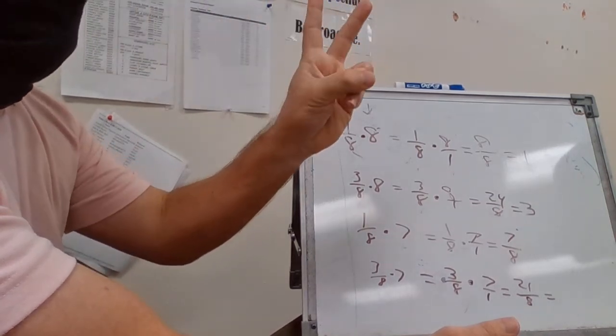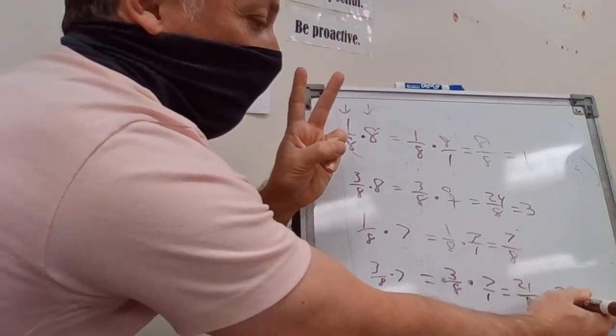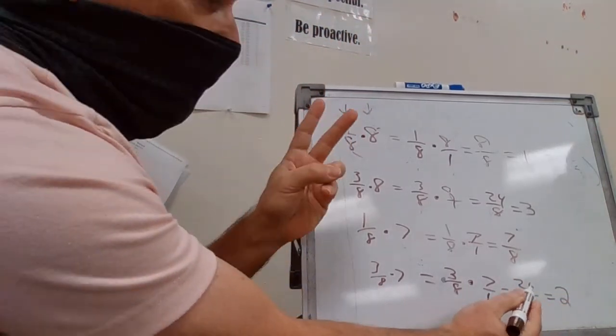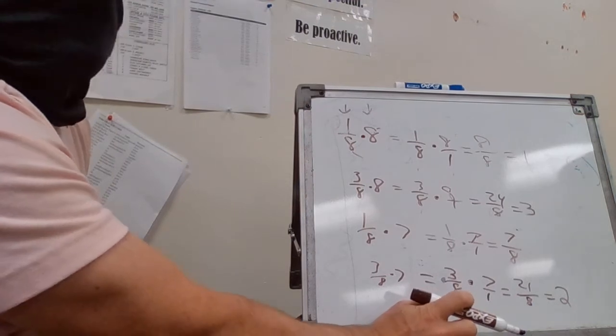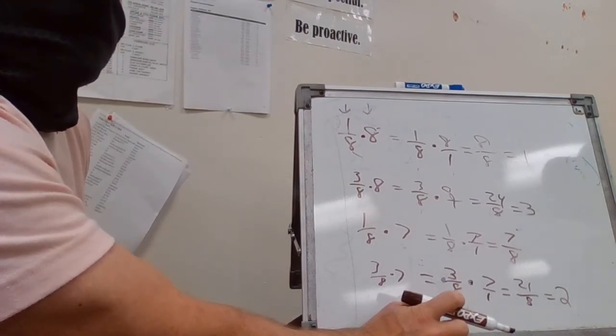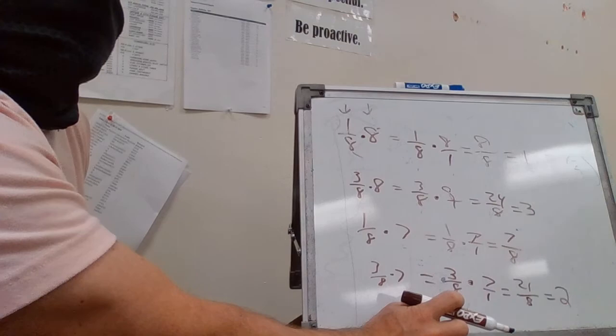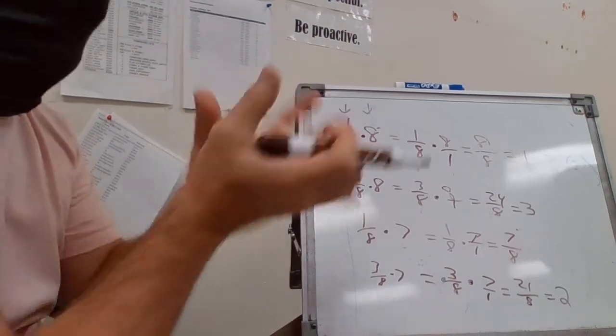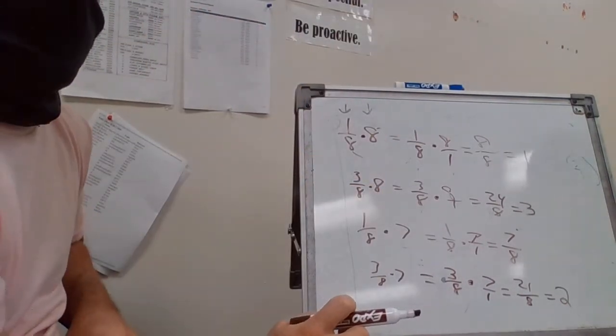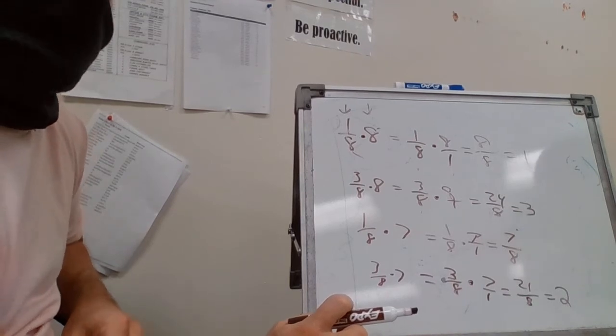But okay, so we gotta go back. Our whole number is 2. How many are left over after you take 2 8s out of here? How much is 2 8s? 2 groups of 8. How much is it all together?